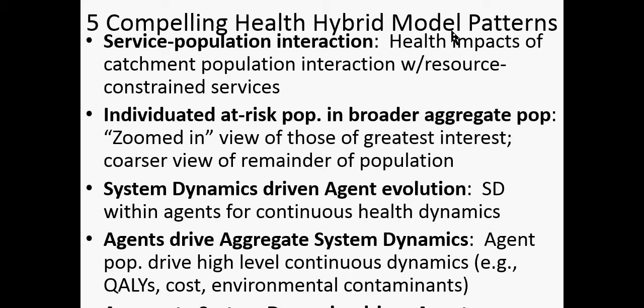A second case where we have an aggregate population that's represented in a rough and ready way in a stratified aggregate model that allows you to abstract away from all sorts of vagaries of individual behavior. And then you have an at-risk or high-risk population that's individuated, meaning turned into agents. You couple them together. And you will typically have flows back and forth.